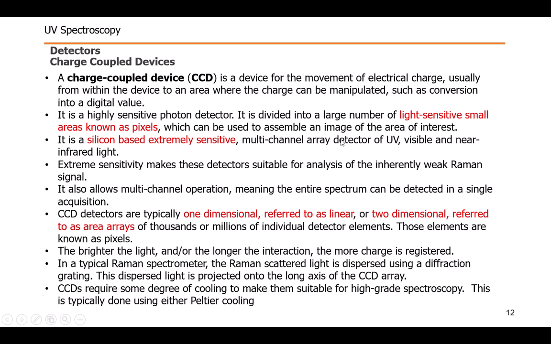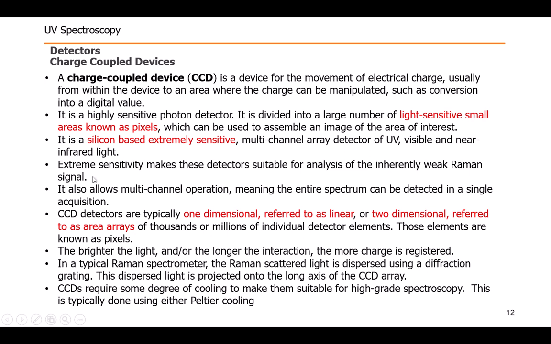These pixels are assembled in the form of a chip. They are silicon based, extremely sensitive multi-channel array detectors for UV visible and near IR spectroscopy. These are considered to be the best detectors for UV visible spectroscopy. They are extremely sensitive, meaning they give the best response even to small values of radiation. They are used for the analysis of the inherently weak Raman signals.